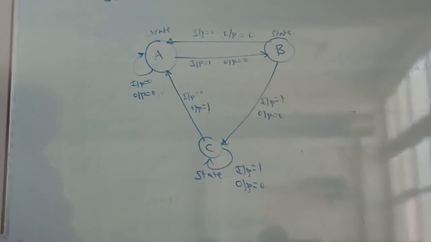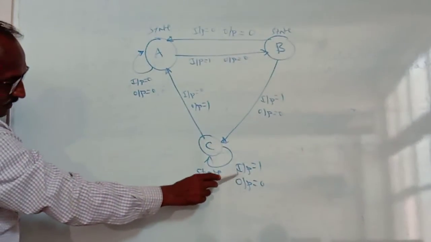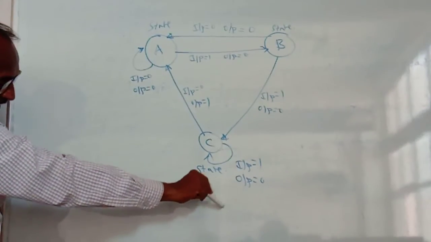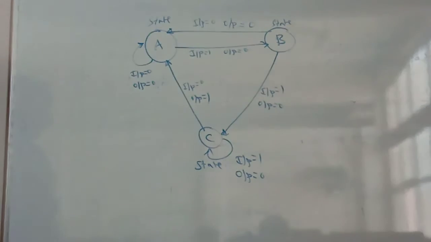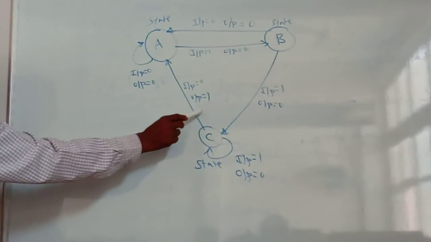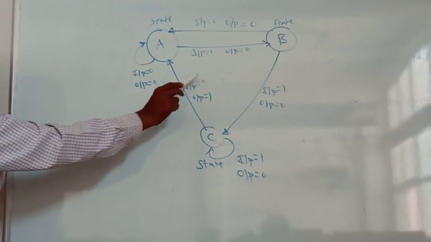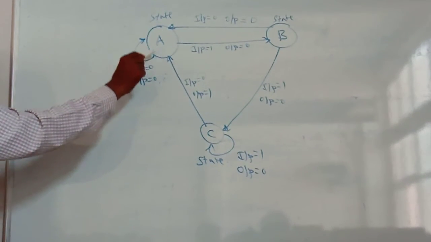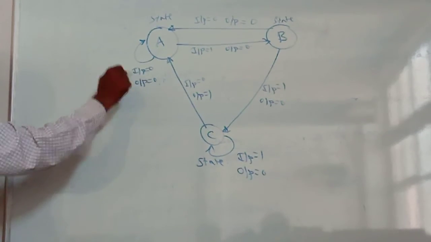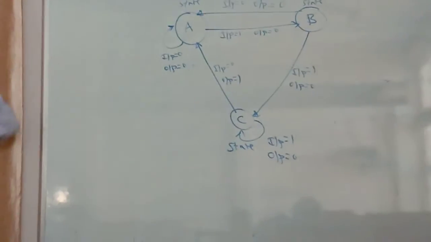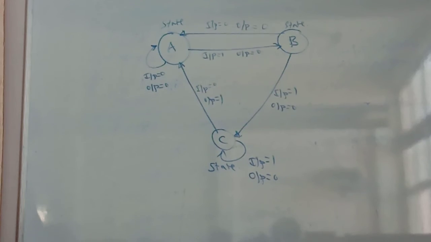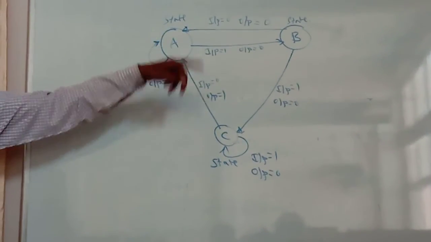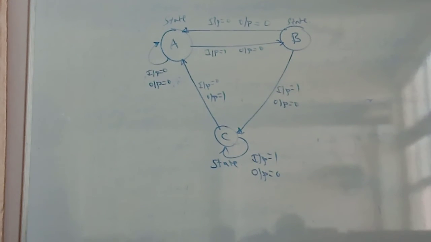Within that system, the state machine is continuously executing. Input equal to 1, output equal to 0, that state is C. Similarly, this process is continuous. If input is equal to 0 and output is equal to 1, it reaches the state A. Within that system, input is equal to 0 and output is equal to 0, further it is rotating inside the state A. So it is a finite state machine that is continuously moving from one state into another state.